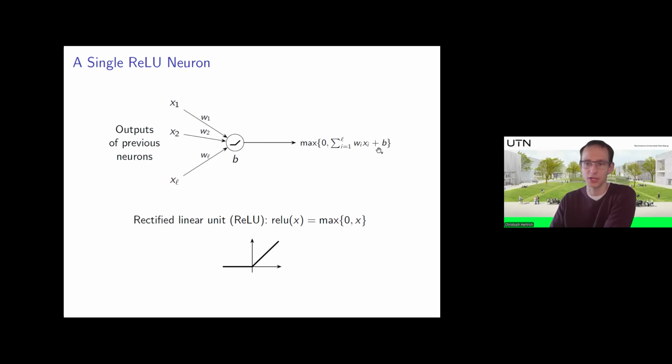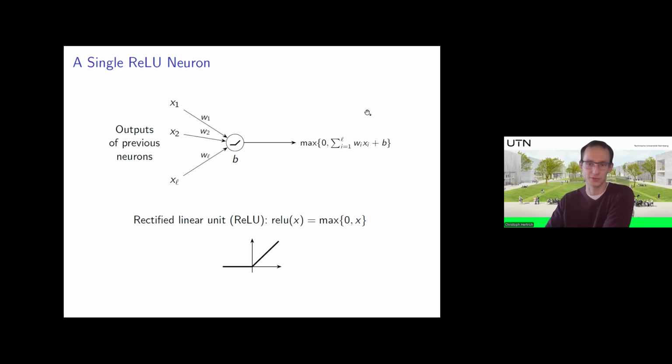We potentially add a bias, but sometimes we will also just ignore this because mathematically it's sometimes cleaner to ignore the bias and it doesn't make a big difference. And then we apply this ReLU function, rectified linear unit, which just sets negative components to 0 and feeds through positive components. So the overall function computed by a neuron would be the maximum of 0 and an affine transformation of the outputs of the previous neurons.